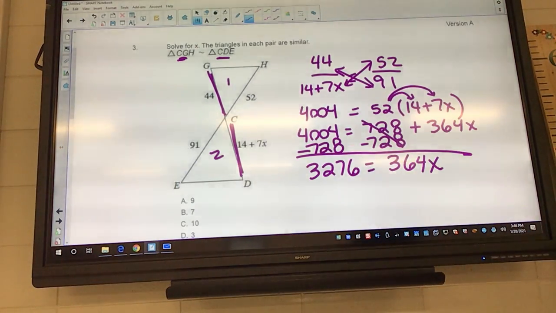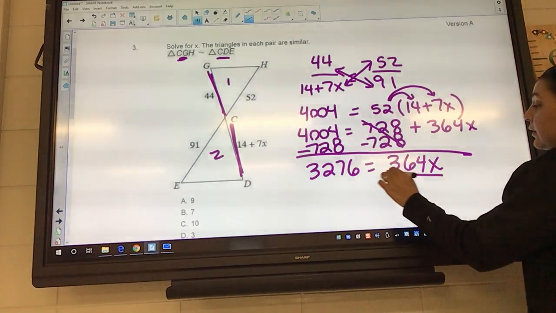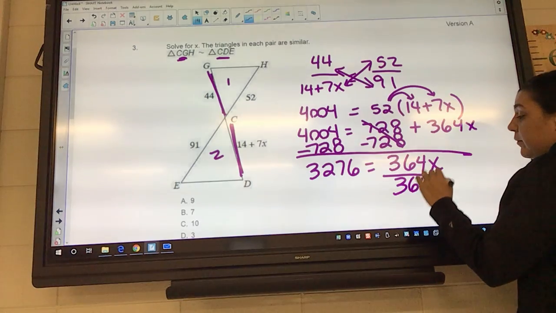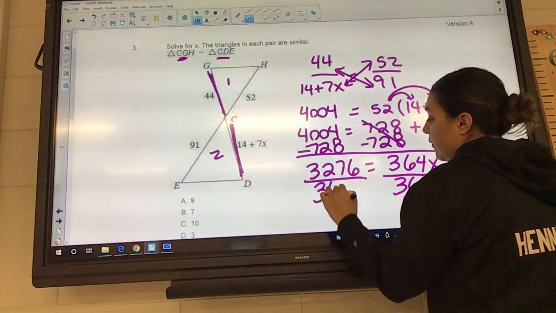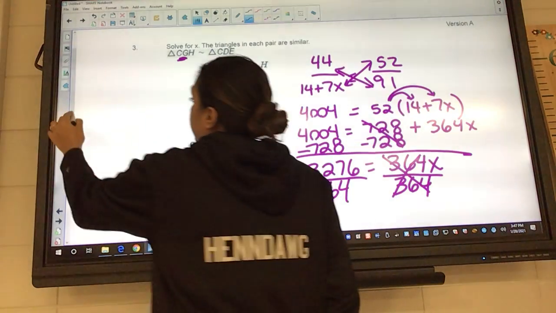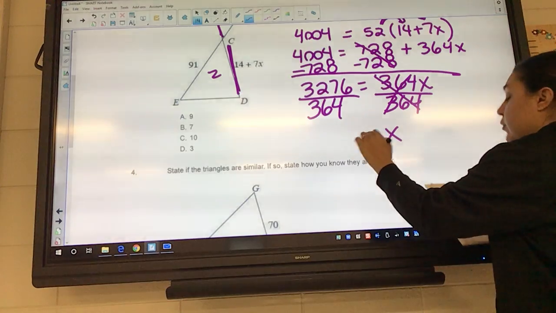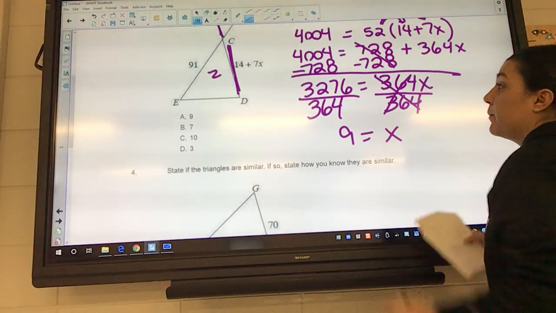How do I move that 364? I need to divide. And so I'm going to get x equals 9.